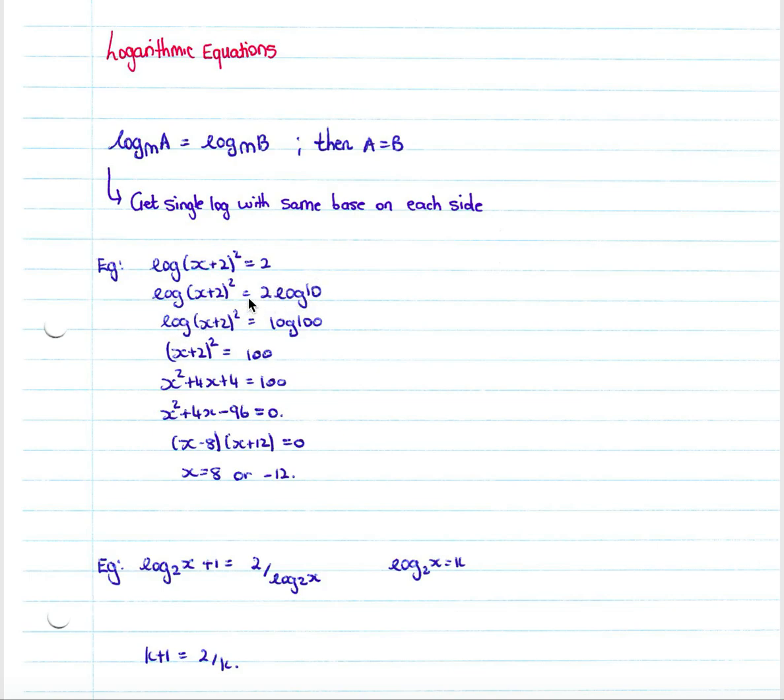We do that and we get the log of 10 squared, which is 100. Therefore, we've got the log of 100. Now we have a log here with the base 10 and a log here with the base 10. We can therefore say that this constant over here equals this constant over here, which we've done here. x plus 2 squared equals 100. And we simply solve that like we would any other equation.